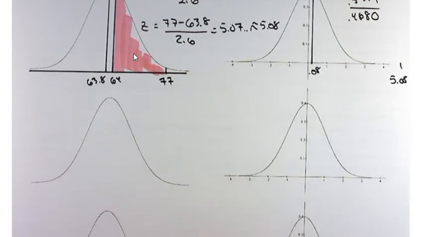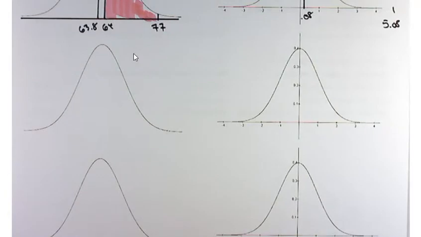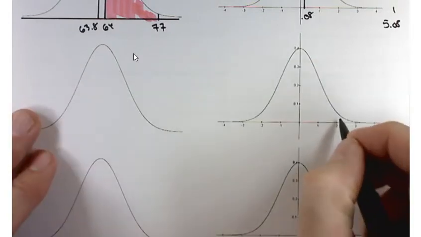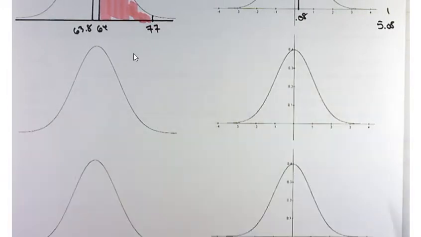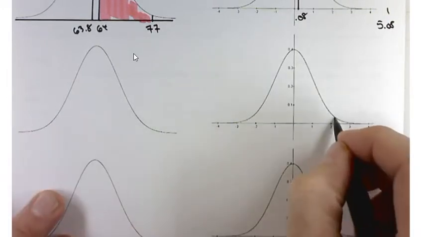So part C says, if the Air Force height requirements are changed to exclude only the tallest 3% of men and the shortest 3% of women, what are the new heights? So I'll do one and let you do the other. So the tallest 3%, well, that's going to be the 97th percentile.